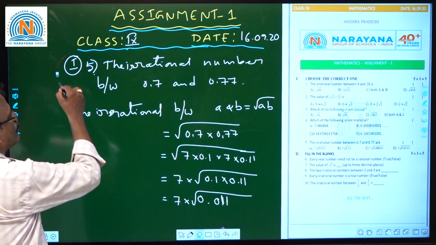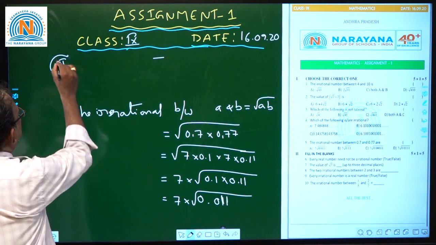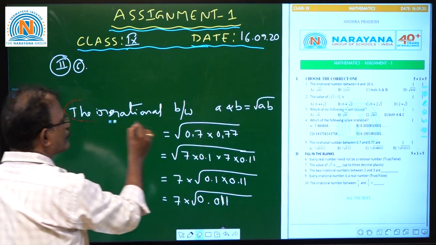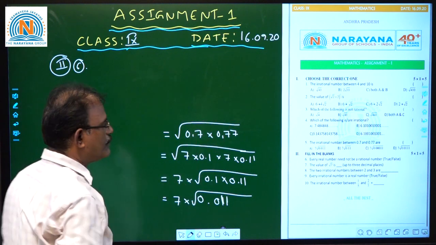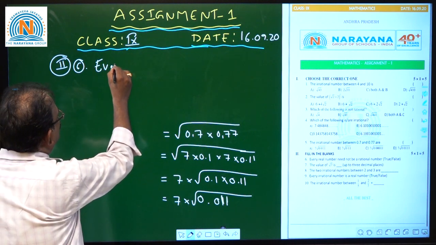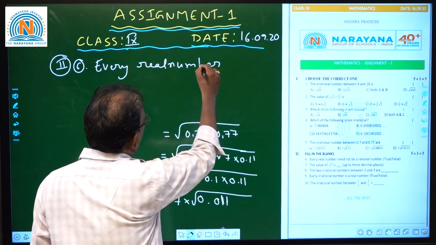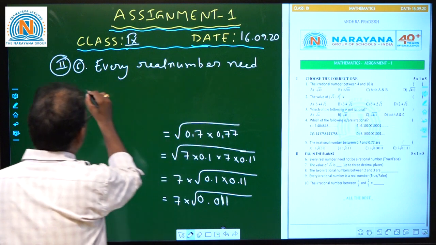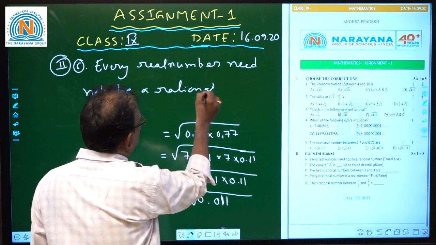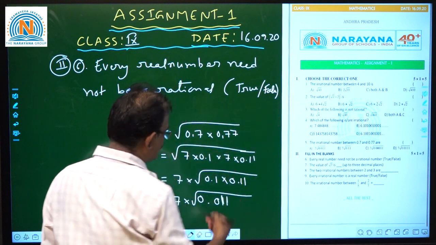Second Roman, question number 6. What is question number 6? Every real number need not be a rational number. Is it true or false?